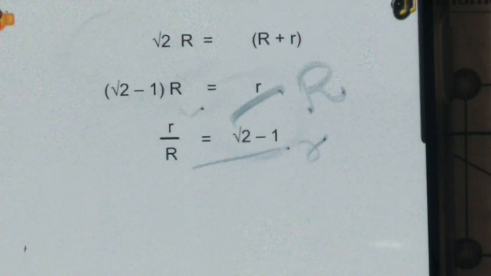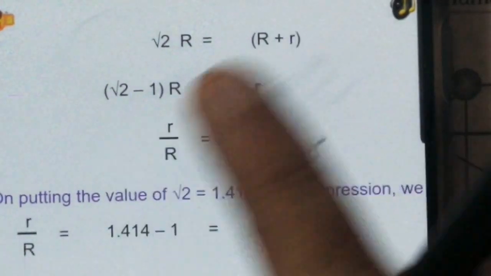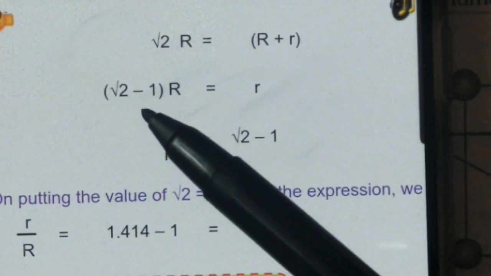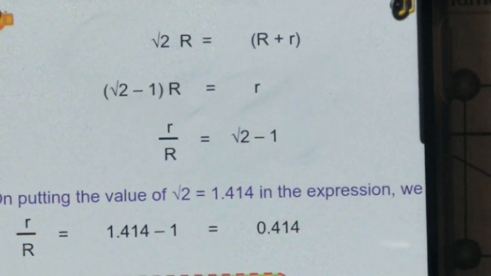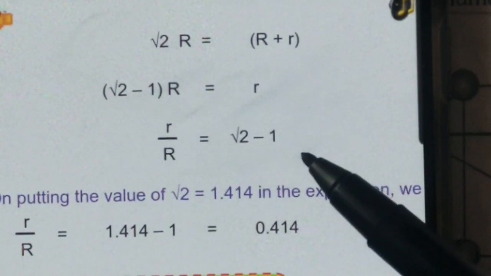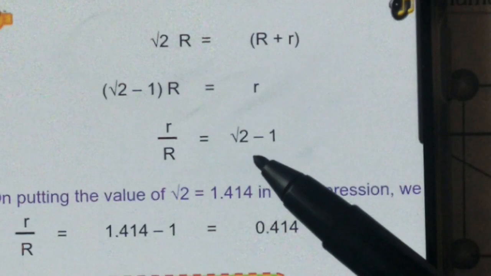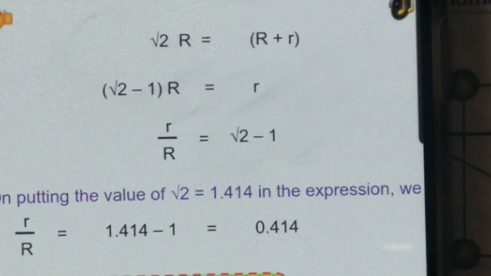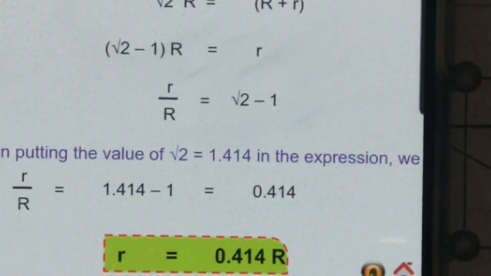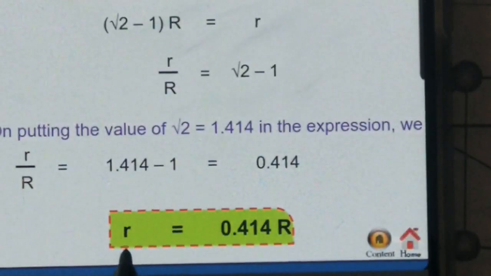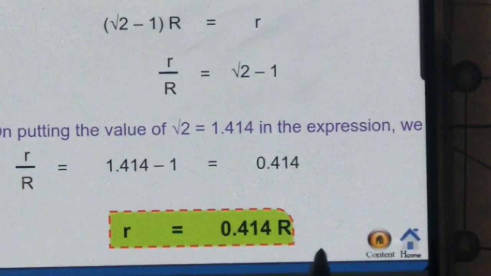So finally it will be root 2R is equal to r plus R. So (root 2 minus 1)R is equal to r, and r divided by R is equal to root 2 minus 1, and root 2 has a value 1.41. So 1.41 minus 1 will be 0.414R. So this value tells that the radius of the octahedral void is 0.414 times the radius of the atom.